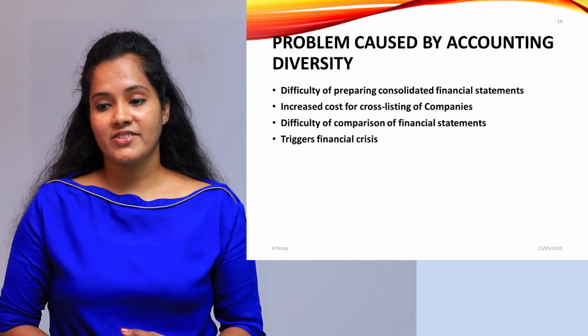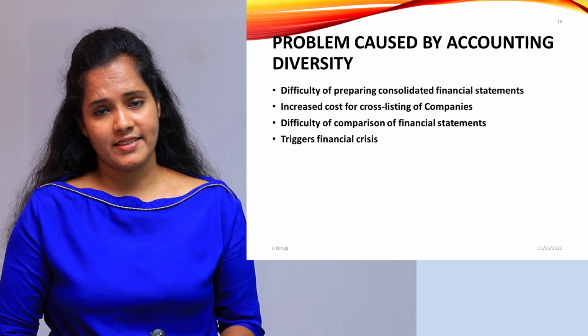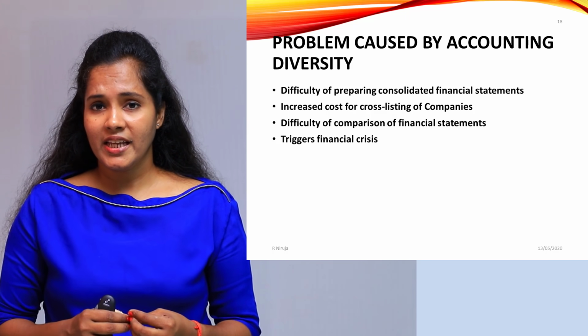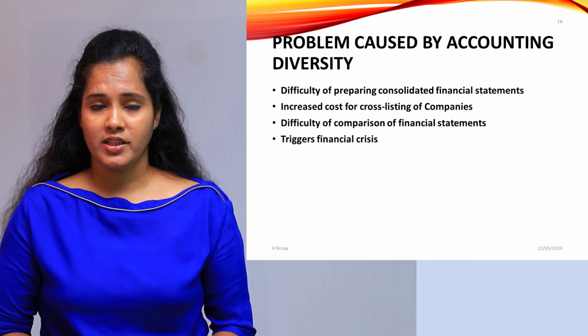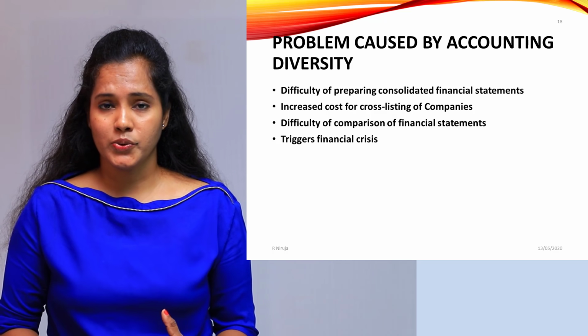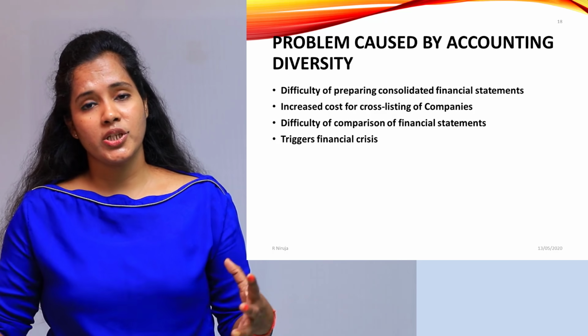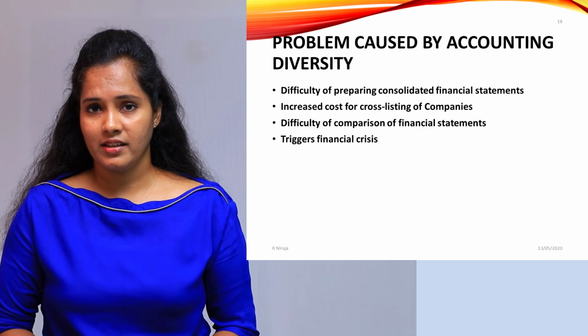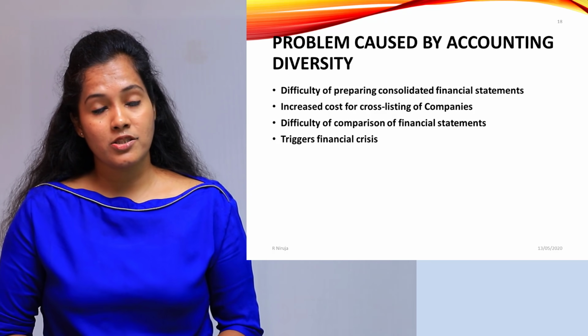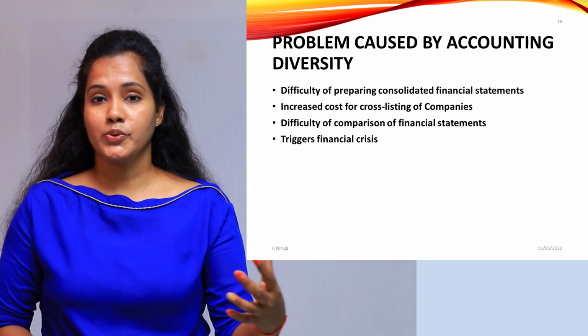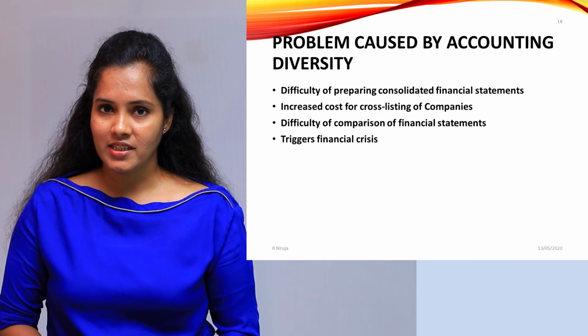And the final one is that it triggers financial crisis. If there are any issues in disclosing financial information, companies cannot show their true picture to the shareholders. In the end, it will lead to financial crisis. Not only these four, there are so many problems due to accounting diversity.